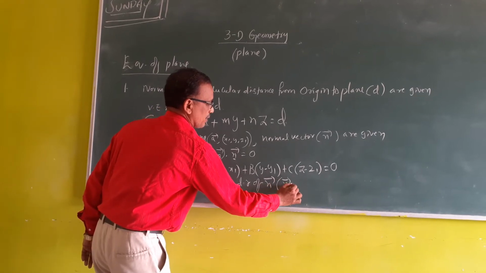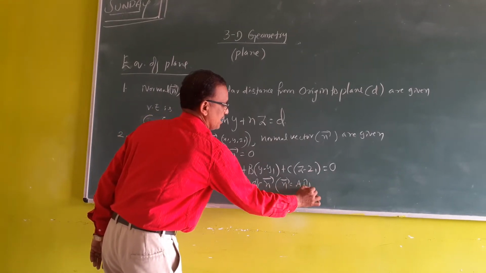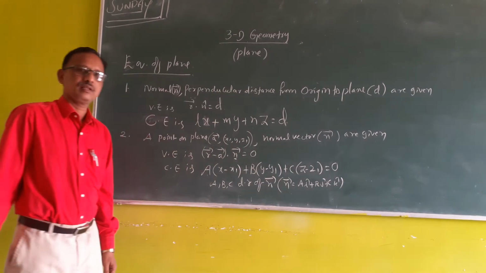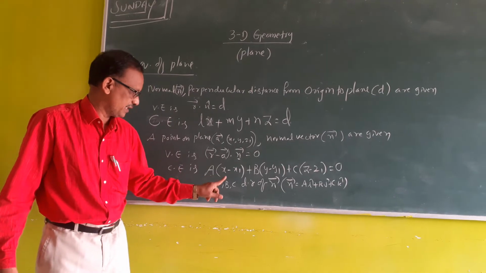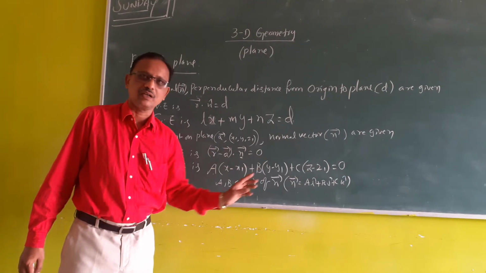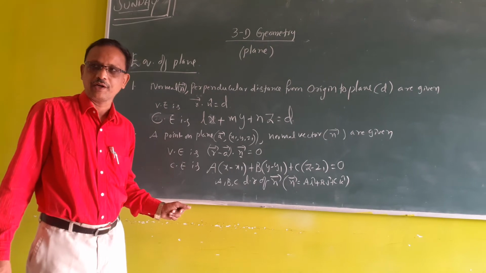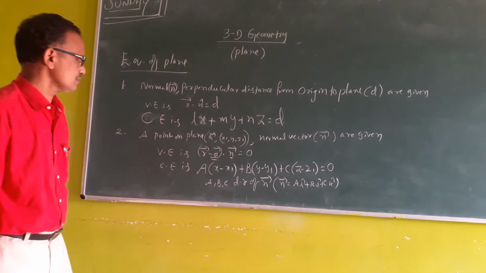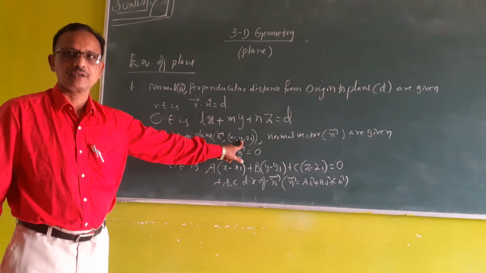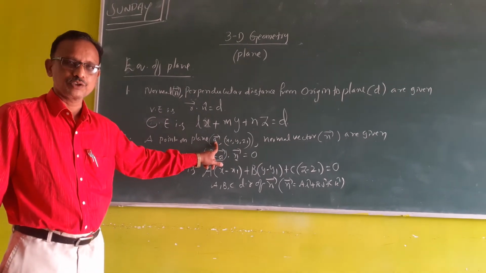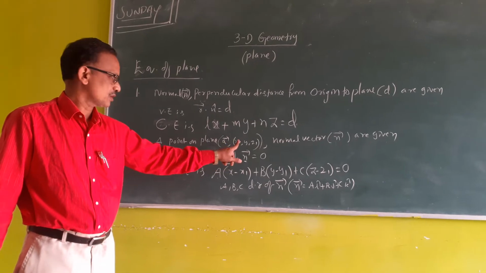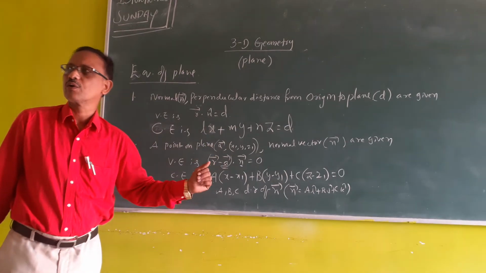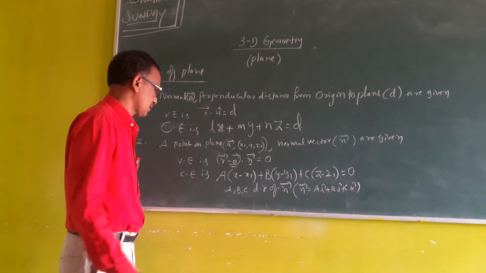Therefore, we can write n bar is taken like this: ai, bj, ck. What is a bar? This x1, y1, z1 is the fixed point, positional vector of a fixed point. Direction ratios are coordinates of that point.